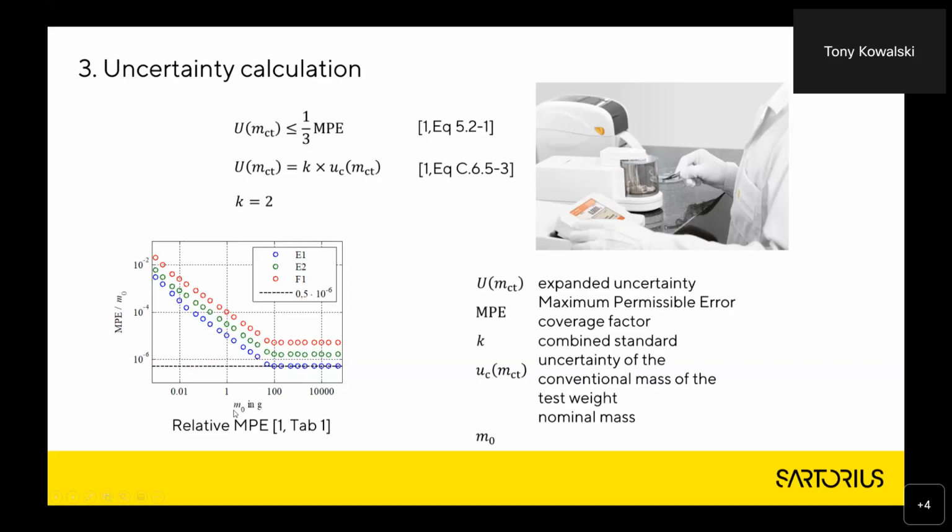And I mentioned earlier that the smaller the mass you're looking to measure, the greater is the uncertainty contribution of the mass comparator.